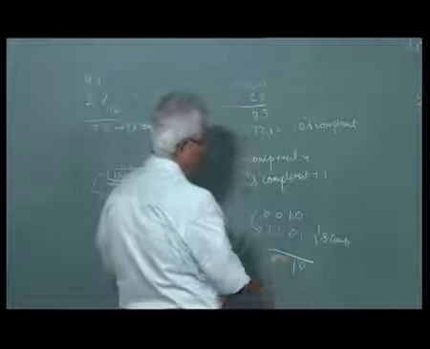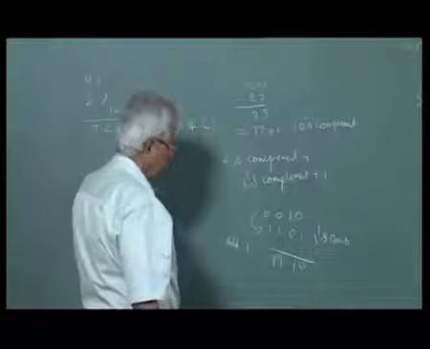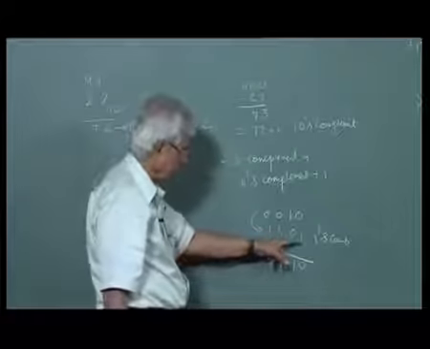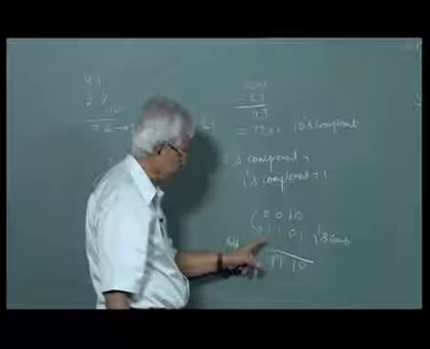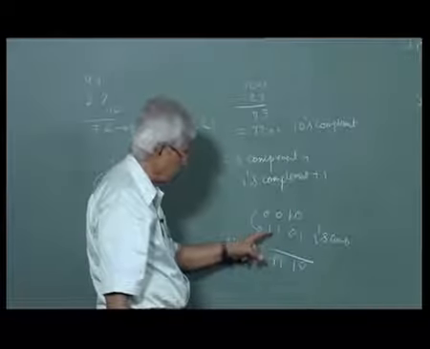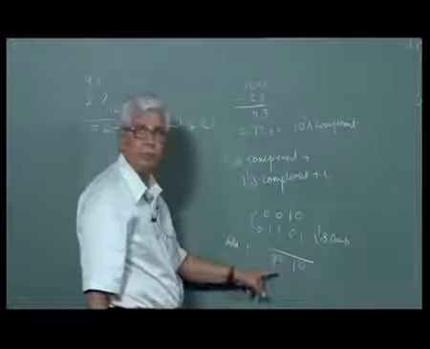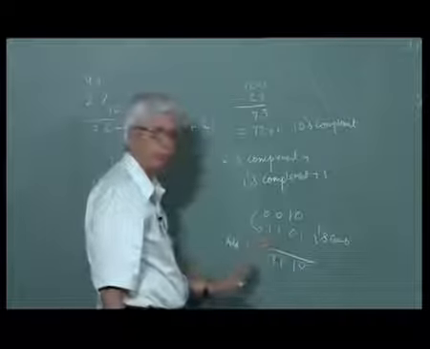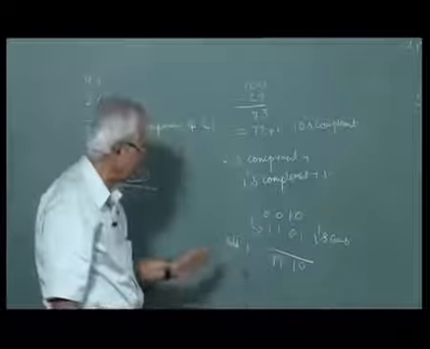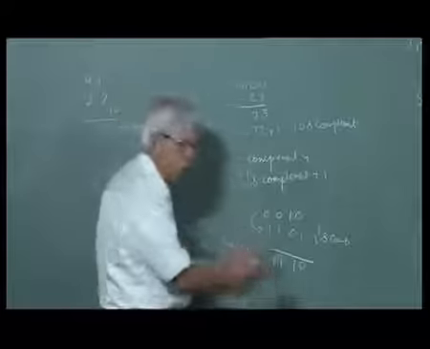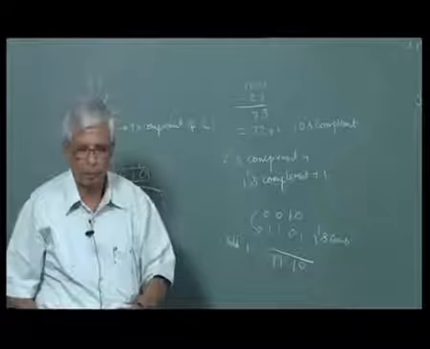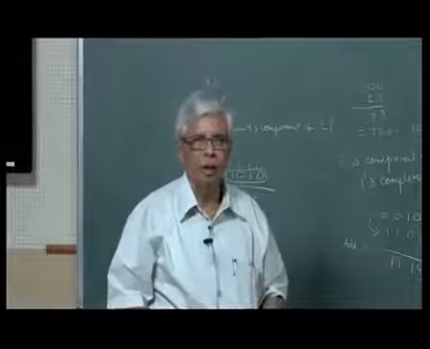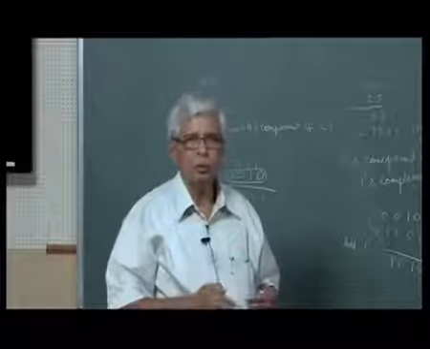So if this was 1101 as 13, this becomes 14. So it's always 1's complement plus 1. But as I said, you have to preserve the sign, otherwise there is no use for doing this 1's complement, 2's complement, because for subtraction we will use this. That is what we want to do.